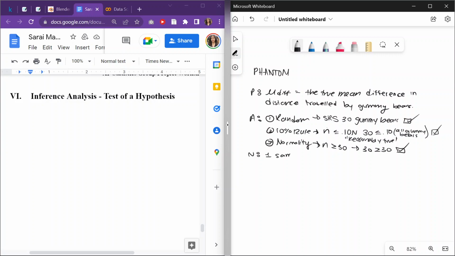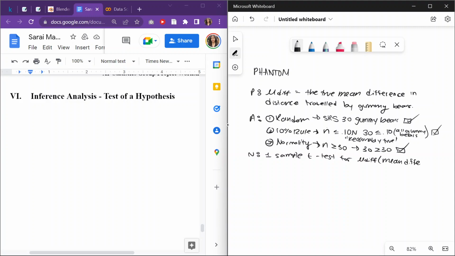Okay, and then N is the name of the procedure, so that's a one sample t-test for mu diff, or you could say mean difference or average difference, whatever you prefer. T is our actual t-test statistic, so t is equal to a certain formula: x bar minus mu, over s of x over the square root of n.